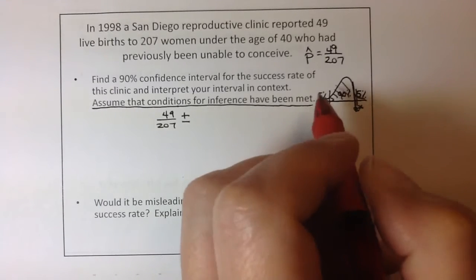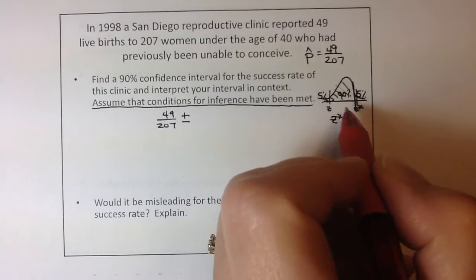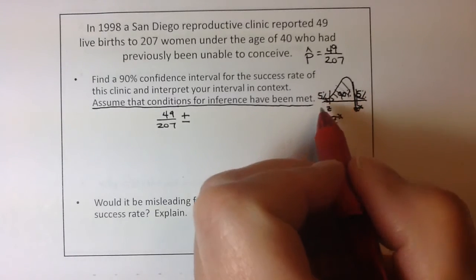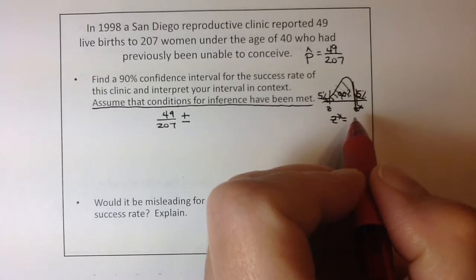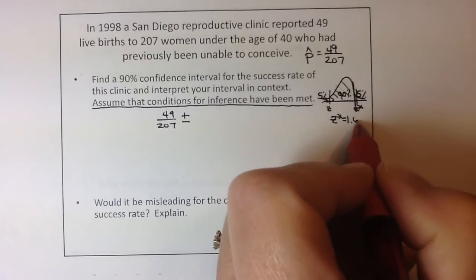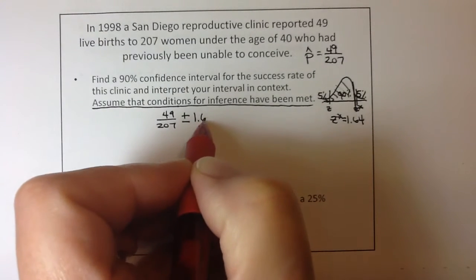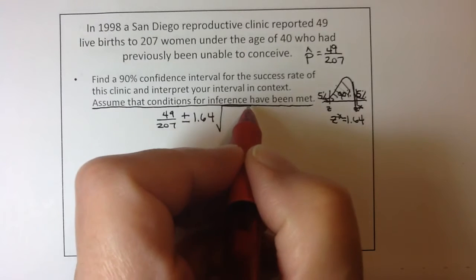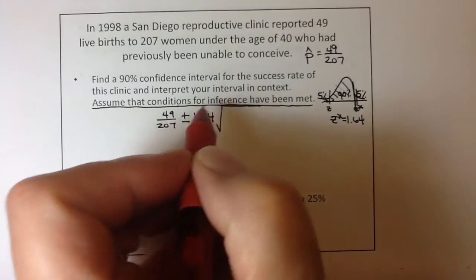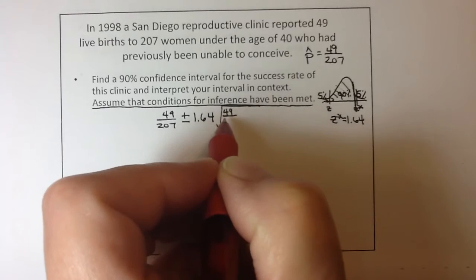So using the inverse normal command in the calculator, if we ask for the inverse normal with an area of 95% or 0.95, we're going to get Z star equals about 1.64. So substitute that in, 1.64 times the standard error. And because I'm using a fraction this time, I'm just going to have to subtract 49 from 207 to get my failures.